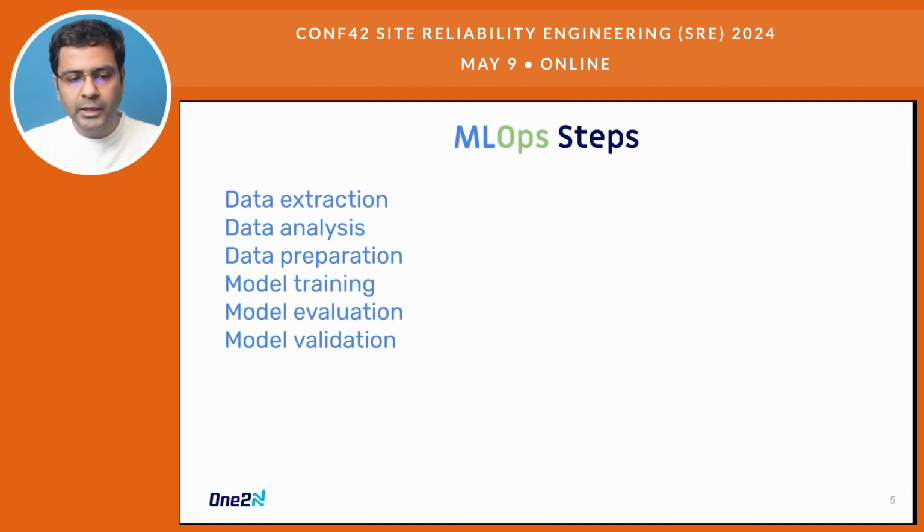So fundamentally, just like software engineering is about building and shipping code to production, MLOps is about building machine learning models. Now, what do you need for building machine learning models? You need data. You need to extract this data in various forms. You will need to analyze it. You will need to prune some parts of the data. Essentially, you're doing data preparation and gathering.